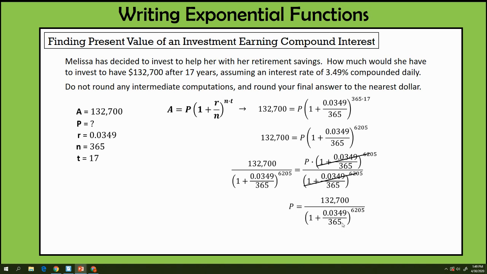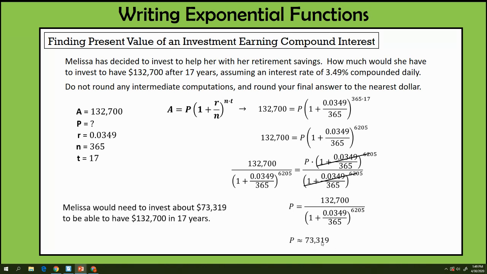And if you do it all at once and do it correctly, you should get 73,319, which means if she initially invests $73,319, she leaves it in there for 17 years, and it's compounded at 3.49% every day, she will have $132,700 remaining in the account after 17 years. Okay, so that's solving that process.